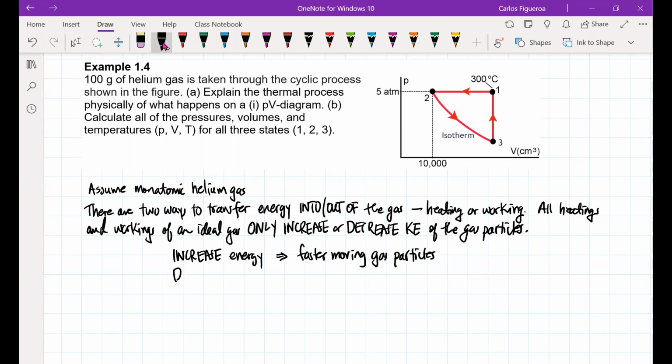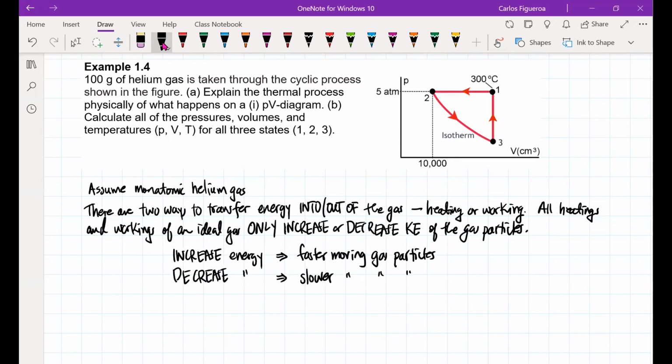If we decrease energy, then that means that these gas particles are now slower moving. So when we start to interpret what is actually happening, you got to remember that's what's actually going on.